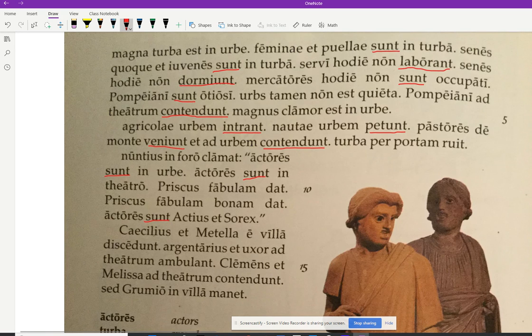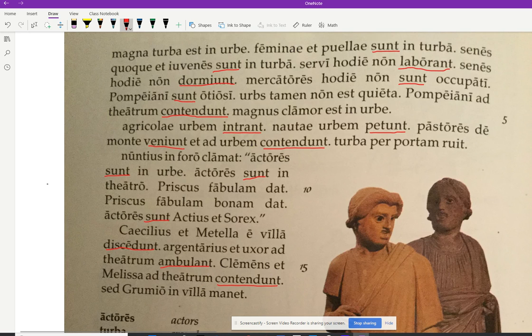Actius et Sorix. Caecilius et Metella e villa discedunt. So discedunt, NT. Argentarius et uxor ad theatrum ambulant. Clemens et Melissa ad theatrum contendunt. Sed Grumio in villa manet. All right, that's singular.